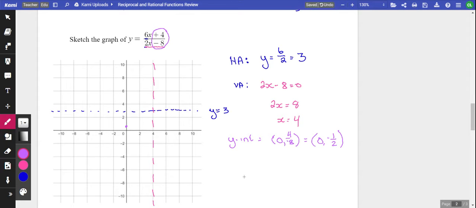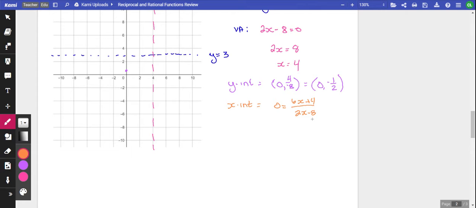When we're dealing with the x-intercept, we need to make y 0. So we're going to have 0 equals 6x plus 4 over 2x minus 8.